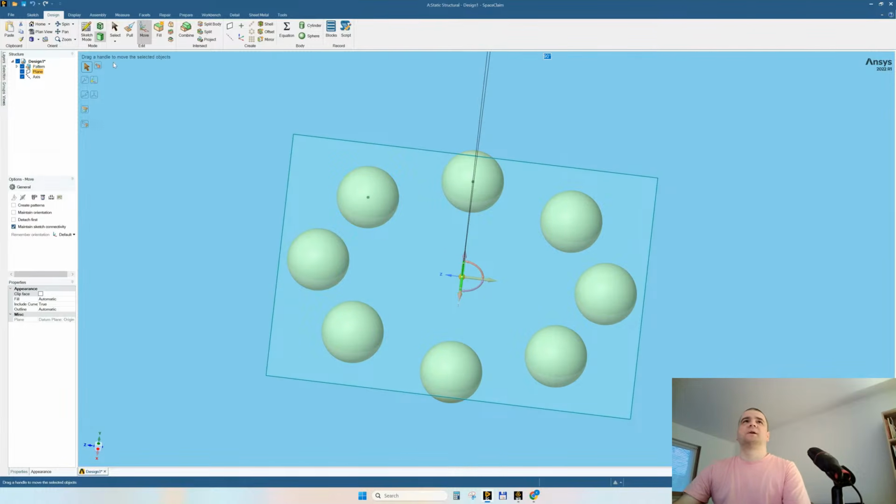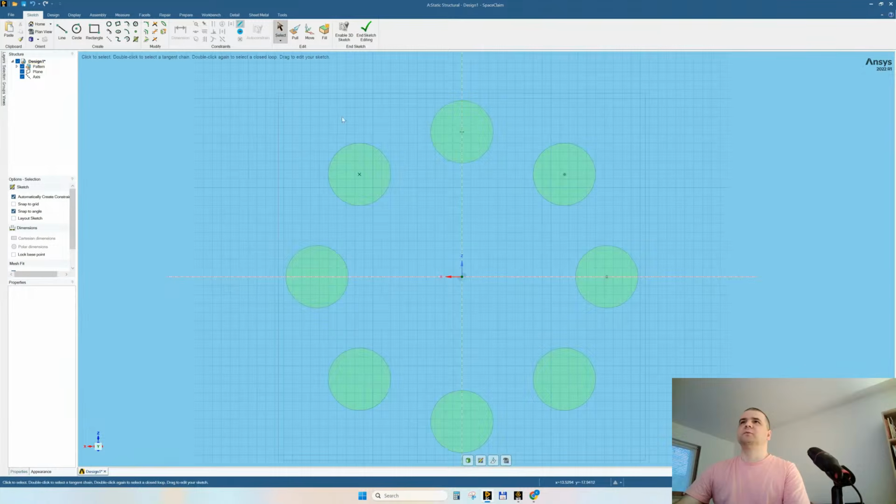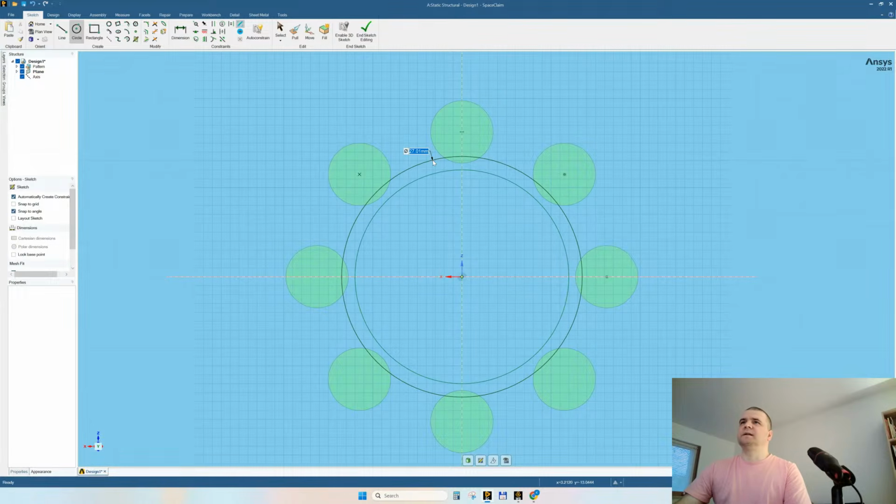Why? Because I will come from above, go to sketch mode, and here I will make those races, all right? So this will be the inner race. Let's make it 24. And there will be a groove for this race.